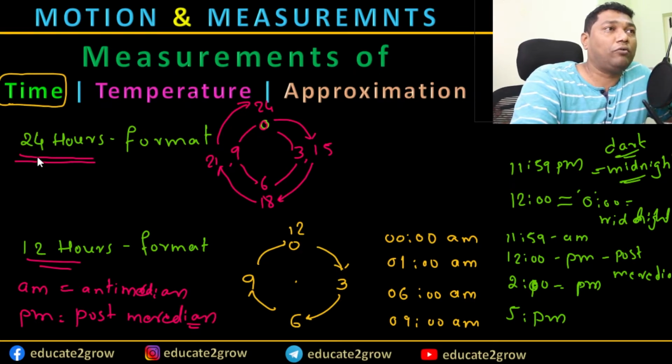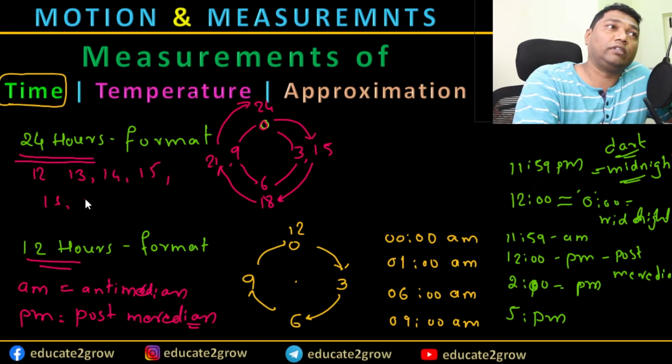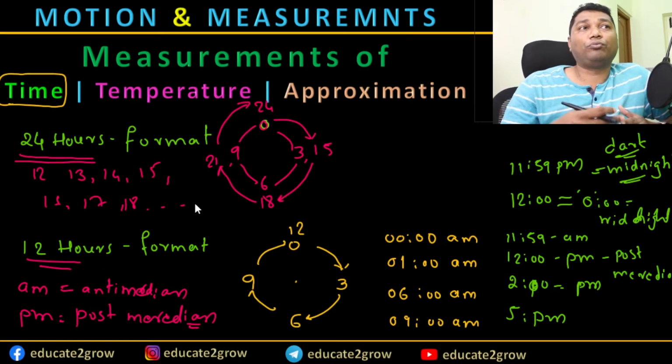In 24 hours, we don't have anti-meridian and post meridian. We are just going to count. After 12, we are going to count 13, 14, 15, 16, 17, 18, and so on. So this is how it is going to be calculated.